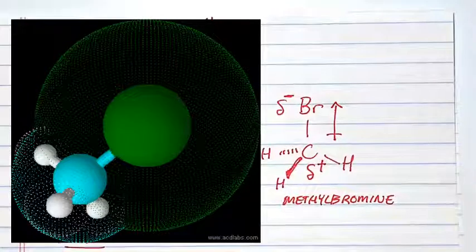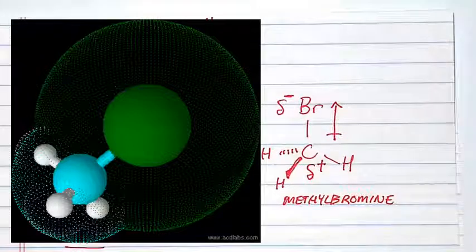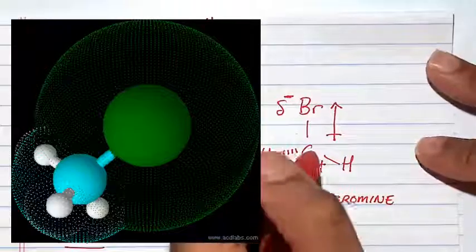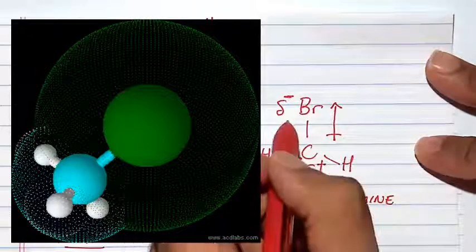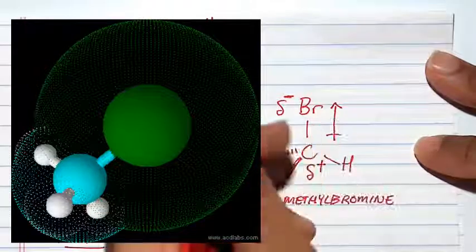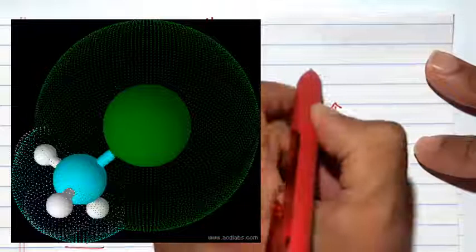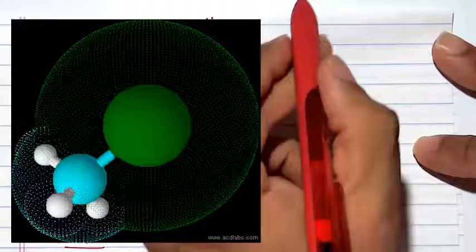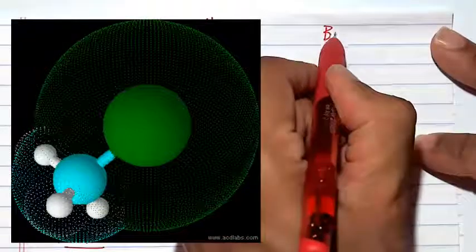What would a partial negative like to interact with? It would like to interact with a partial positive. Now it could interact with a partial positive from a totally different molecule. It could also interact with the partial positive of itself, another molecule of methyl bromine. So here I'll have this partial negative localized within the bromine. That partial positive, I'll have it interact with the partial positive carbon of another methyl bromine.